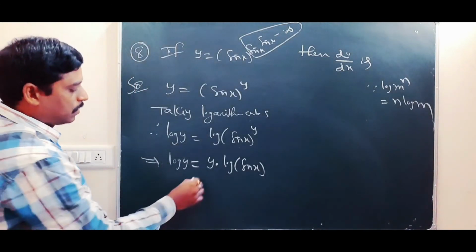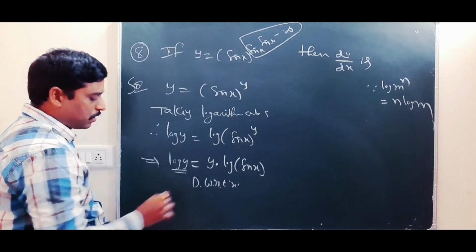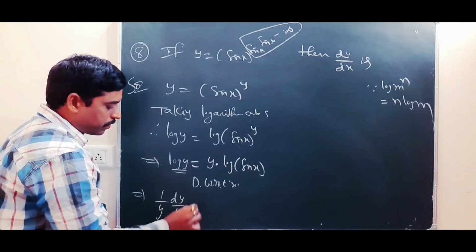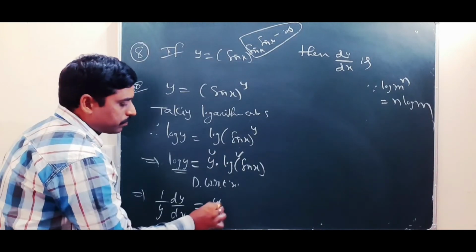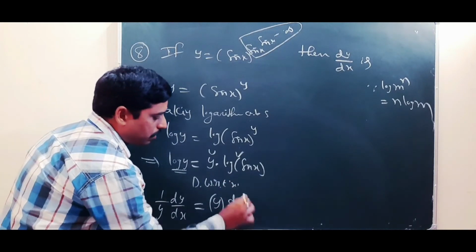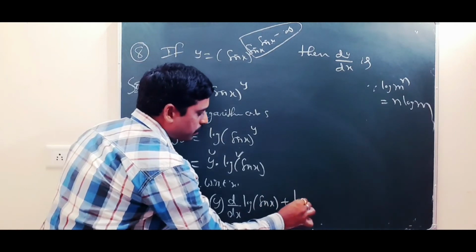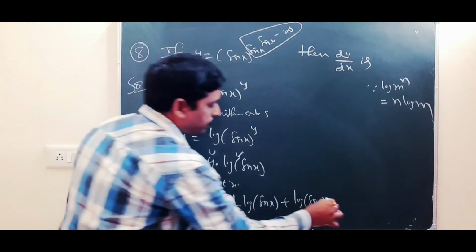Okay. So now differentiation on both sides with respect to x. Differentiation of log y, 1 by y into dy by dx. This will be, by using the UV method, y into differentiation of log sin x, plus log sin x into differentiation of y, dy by dx.